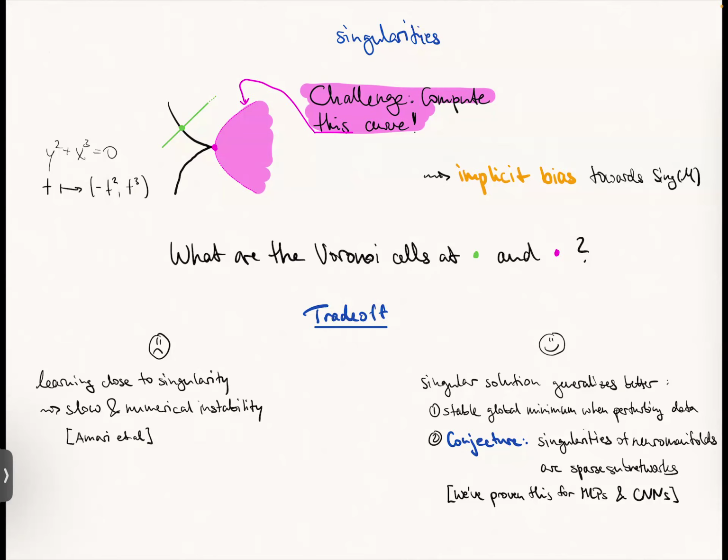But when you get very close to it, your learning will have to slow down, and worse, you even get numerical instability. This is because the parameterization of this model drops rank at the singularity. So you cannot even do backpropagation, etc. In other words, your network training has an infinite condition number around that point.